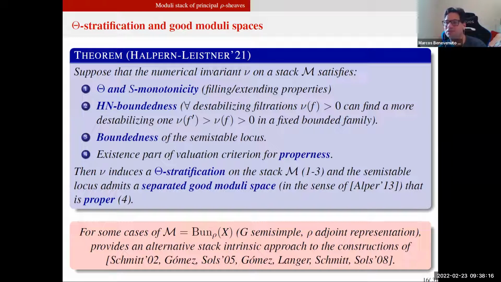Usually you show that the Hilbert polynomial and the polarization you are using agree with the choice of linearization in the GIT problem, right? So this is more or less a stack generalization of this fact.